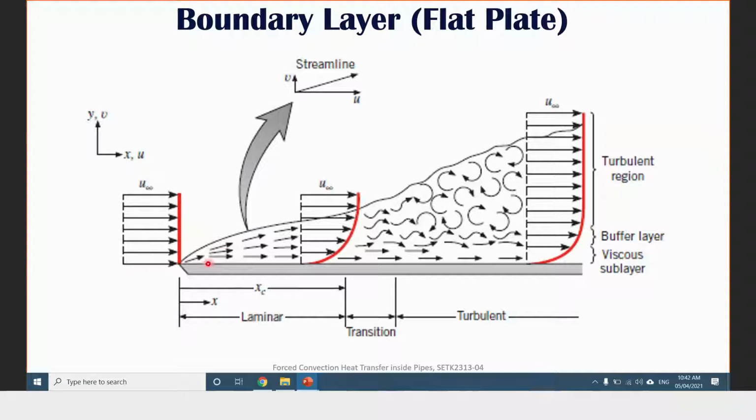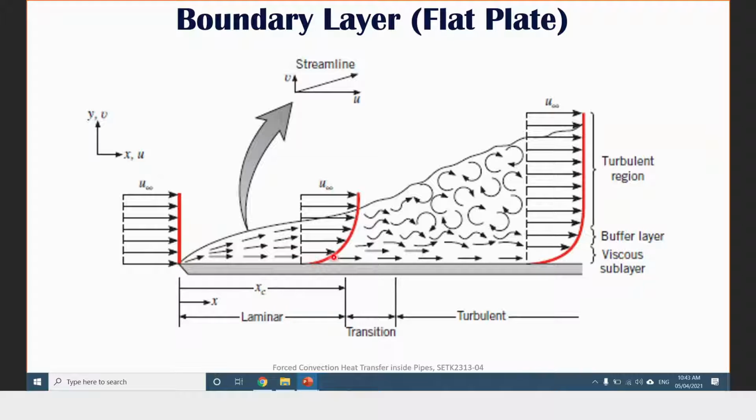However, once it meets the plate, disturbances start to happen because the fluid right here that directly meets the plate starts to have friction with the plate, and it starts to affect the velocity of the fluid.